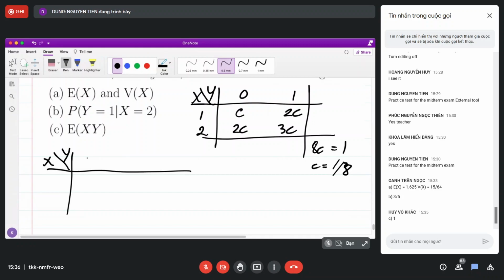Which one? Can I use T-test in this case?